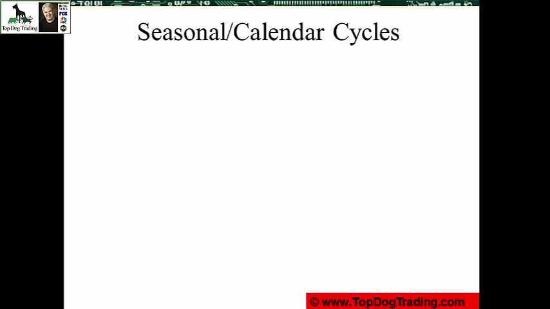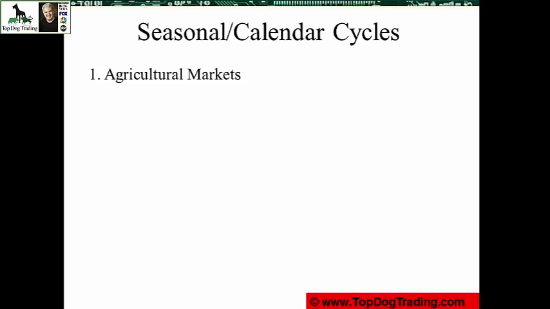So today what I want to focus on is this one, the seasonal or calendar cycles. What we're talking about here is the time of year, basically. This is most famously used with the agricultural markets, where you sow your seed in the spring, the crops grow over the summer, and then you reap your harvest in the fall.